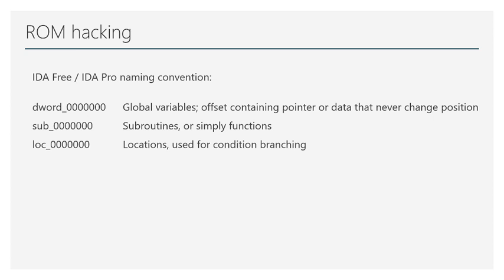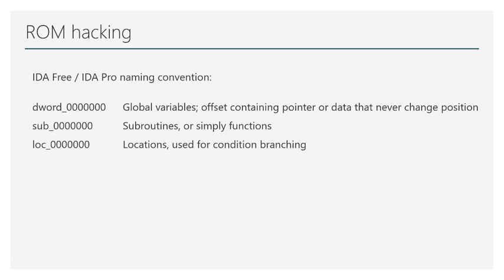So IDA has some kind of naming convention. So every variable that starts with the word is a global variable. So that offset, which is now 000, contains a specific pointer or data that never changes its position.